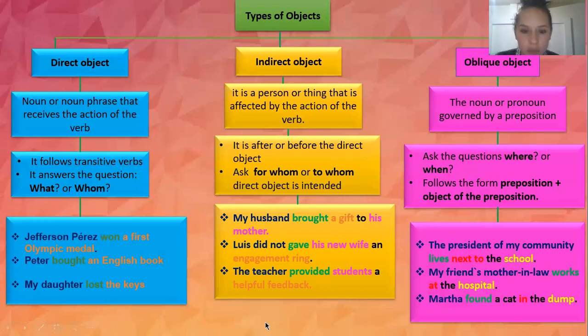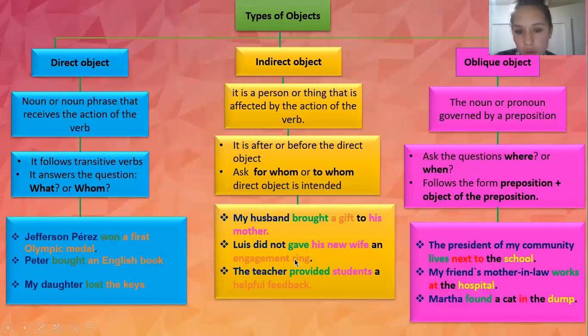The next example is Lies did not give his new wife an engagement ring. As you can see, here we have the indirect object.